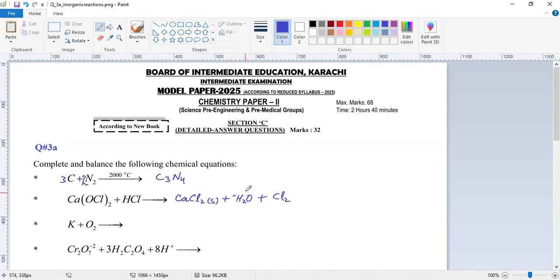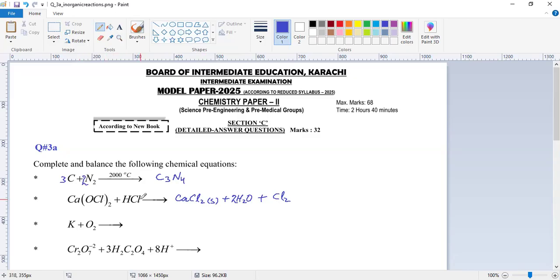So for balancing the equation, 2 to 4 and hydrogen are also 2. But as there are 2 oxygen, these oxygen with the hydrogen combine to produce water. So actually 2 waters would be produced here, and calcium will combine with 2 chlorides.